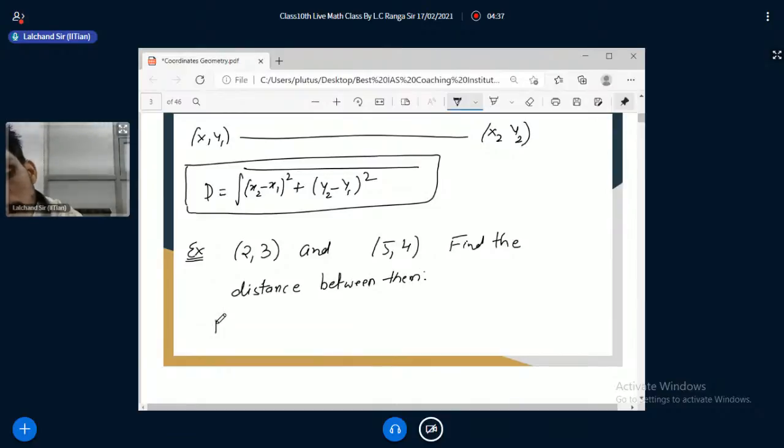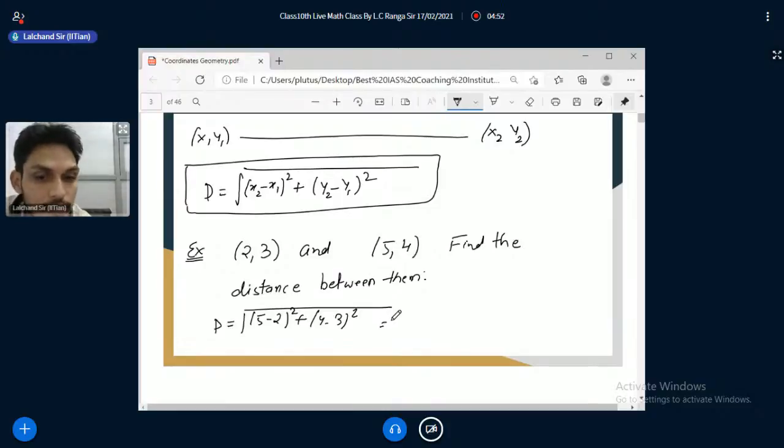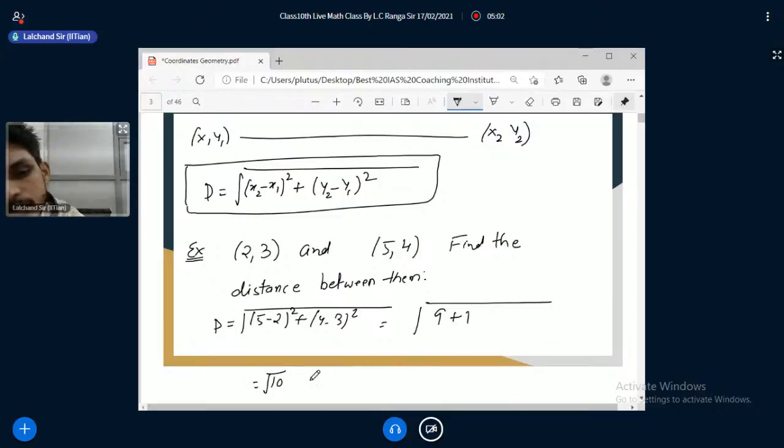So if we apply the distance formula, then what will be the value of distance? What is the value of x2? The x2 value is 5, so (5 minus 2) whole square plus (4 minus 3) whole square, isn't it? We can write it like this. So this is simply the square root of 9 plus 1, that is the square root of 10 units. This is the distance between this point and this point.